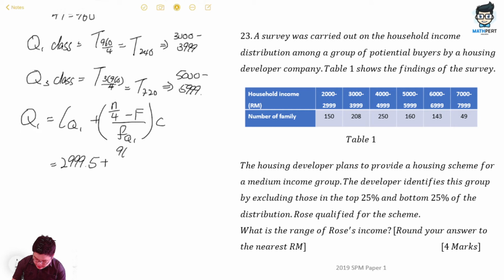So let me write 960 divided by 4 minus F. F is the cumulative frequency before the Q1 class. Since the Q1 class is here, the cumulative frequency will be 150. So minus 150, divided by F_Q1. This is the frequency of Q1 class, which is 208.